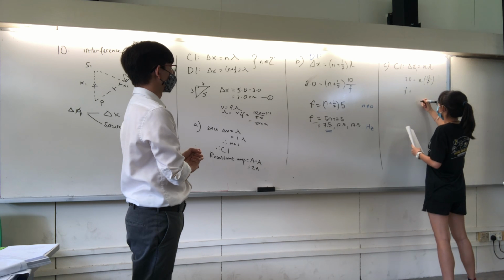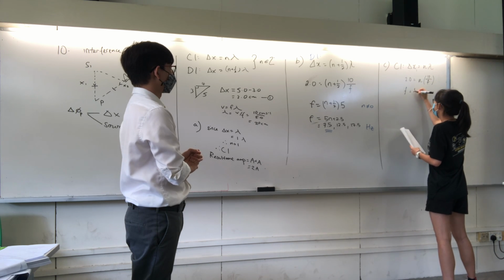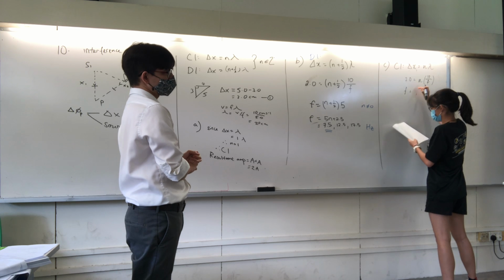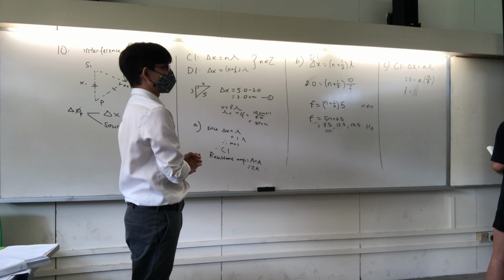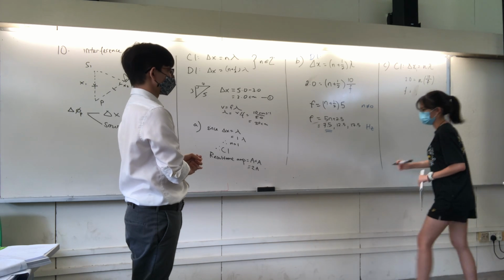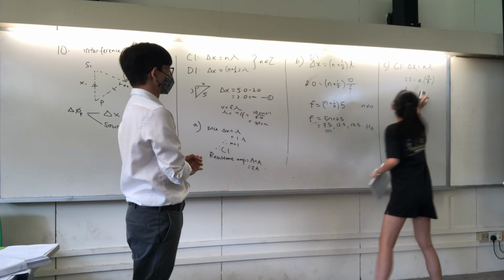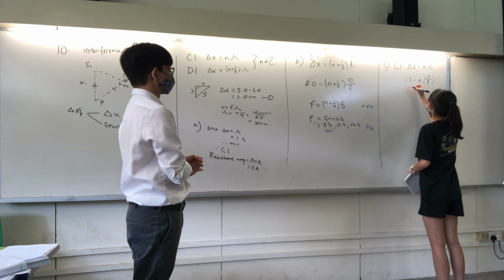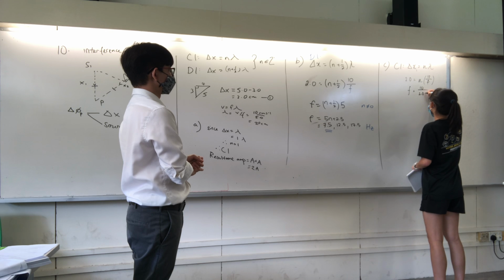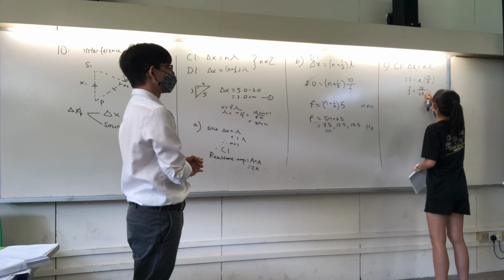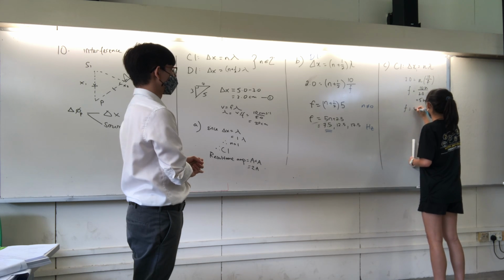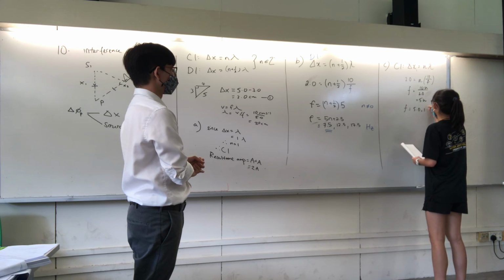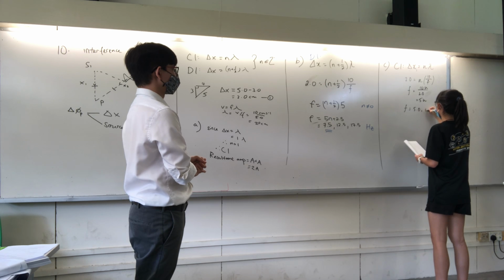Minus 5, 5n. Bring the f to the left hand side. Bring the 2 to the right hand side. 10 divided by 2. N is the numerator. Then ready, right?